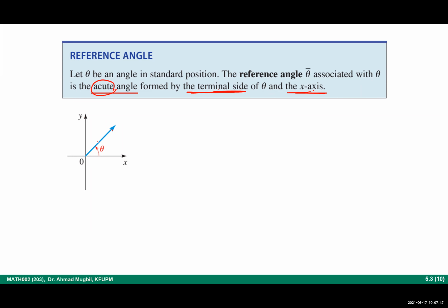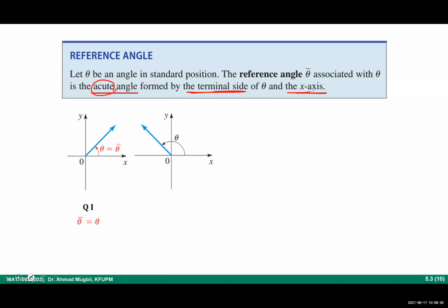Who can give me an acute angle between the x-axis and the terminal side? What is it? Theta itself, Shabab. So in the first quadrant, the reference angle is the same as the angle. Indeed, if you have an angle in the first quadrant, there is no need to talk about the reference angle, because it is an angle inside the right triangle. It is acute.